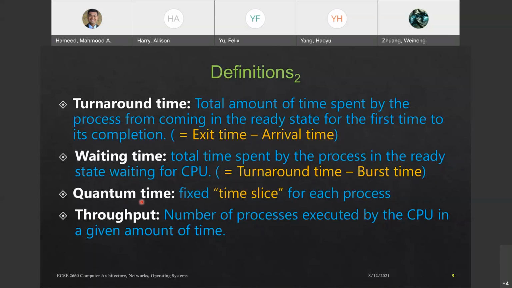Next, quantum time. Say you are going in a round robin scheme, right? A quantum time slice: a particular time slice here, to this, to this, to this, back to the first one, right? So quantum time is essentially like a time slice for each process. And you need to do this sometimes to avoid process starvation.